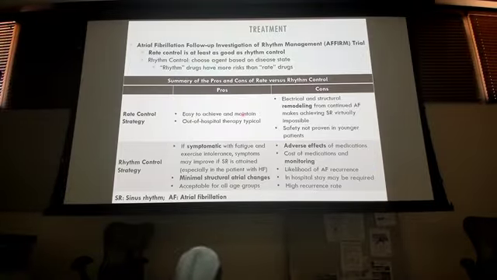When we talk about our drug options that we have, we're going to talk about rate control or rhythm control. When you're talking about rate control, it's exactly that, right? Like trying to keep them within a normal sinus rhythm. Maybe they'll have some type of exacerbation that makes their heart rate speed up, and I'll give them a beta blocker or some type of digoxin I could even use. I'll give them a calcium channel blocker. Those are my rate control medications, right?